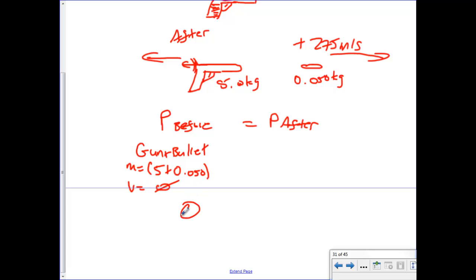So beforehand, really, your momentum was nothing. Before you started, you had no momentum whatsoever. Afterwards, you should have a mass and velocity of a gun plus a mass times the velocity of a bullet.